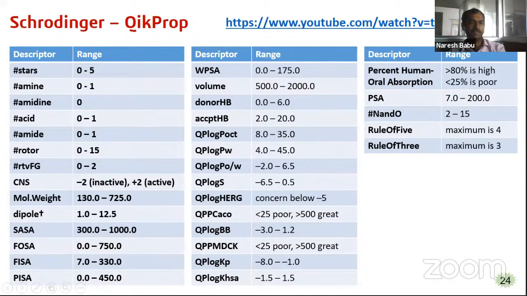More stars means it is not obeying, that means it is not within the range of these properties. So the star count should be 0. If 0 is present, the compound is not violating any of these properties. If it comes as 1, 2, 3, 4, 5, it is giving the number, indicating that some of the properties are being violated while predicting in QikProp.